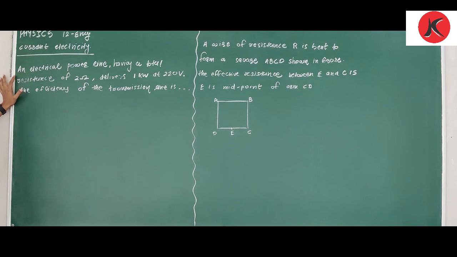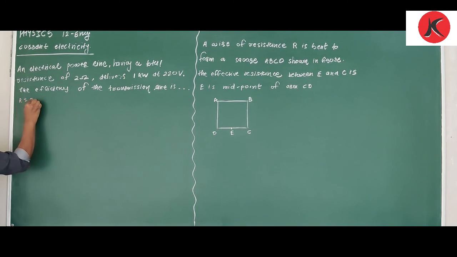Here it is. An electrical power line having total resistance of 2 ohm. So R is equal to 2 ohm.